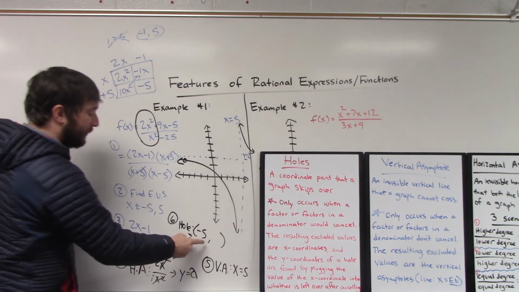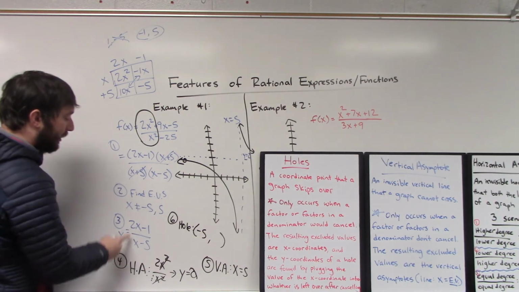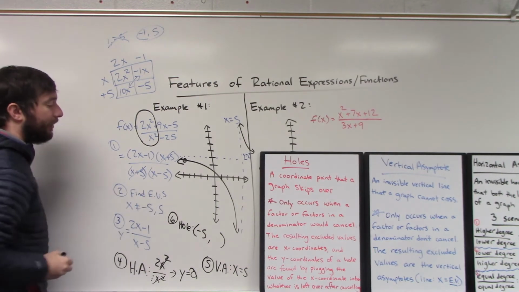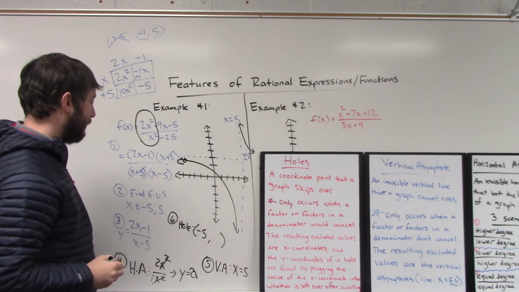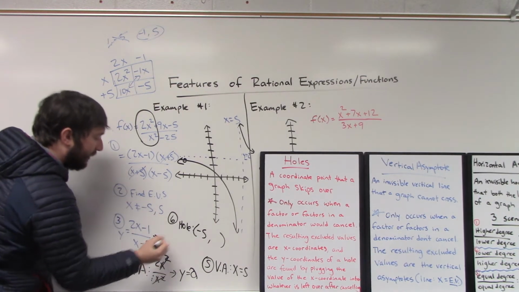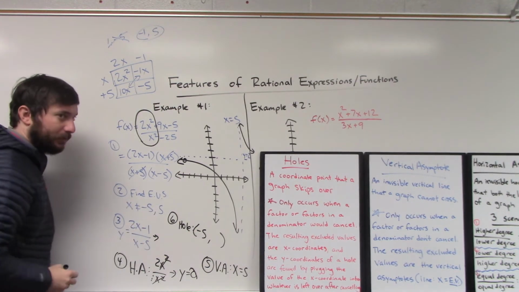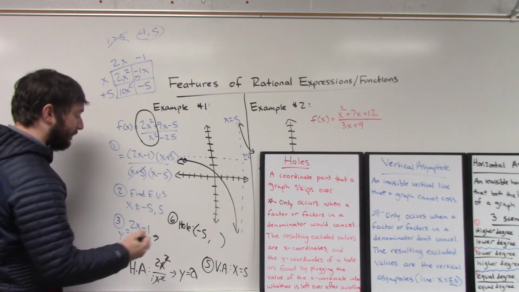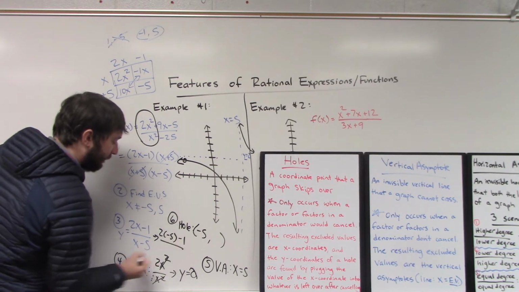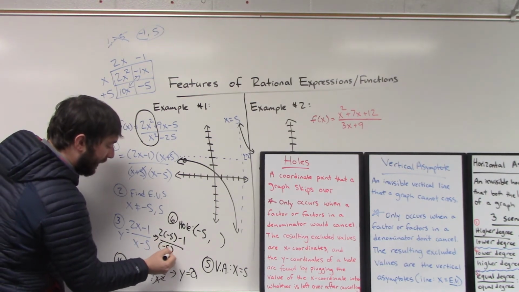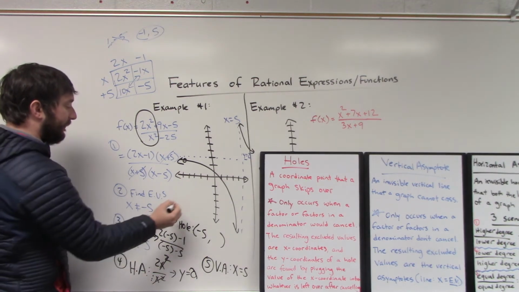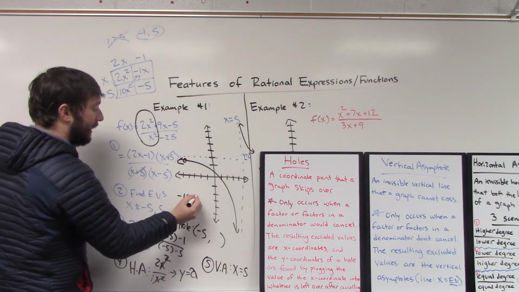What we'll do is we'll take negative 5 and plug it into whatever's left over in step 3 after you canceled out that parentheses. Okay? So what is left over now? Well, if I plug in negative 5 into both of my variables, x on top, x on bottom, what I get is 2 times negative 5 minus 1 over negative 5 minus 5. 2 times negative 5 is negative 10, again, minus 1.